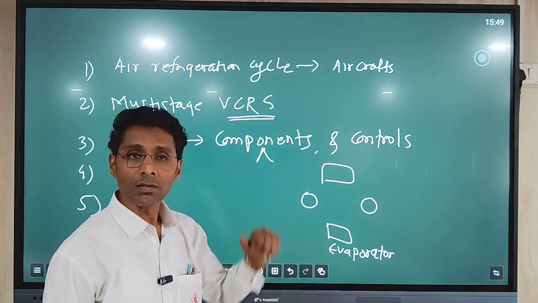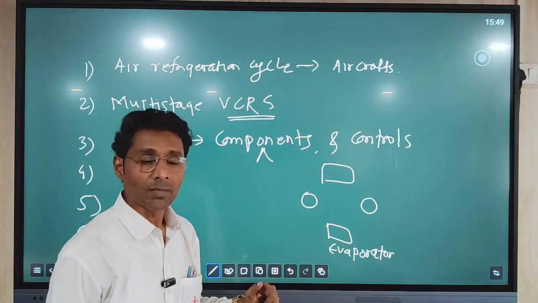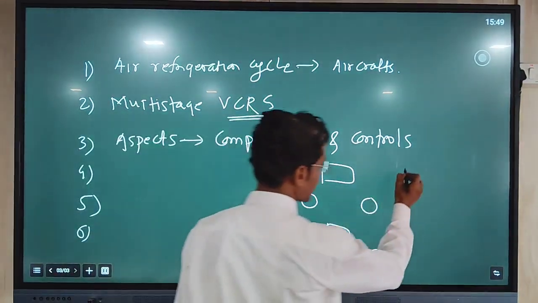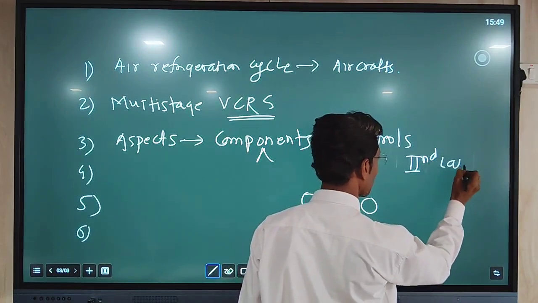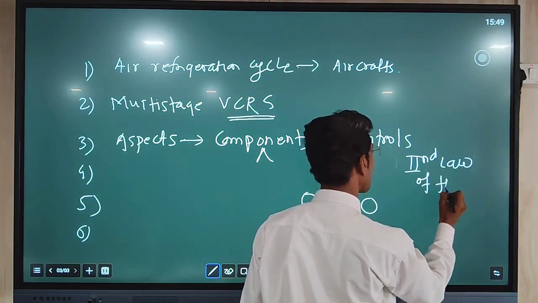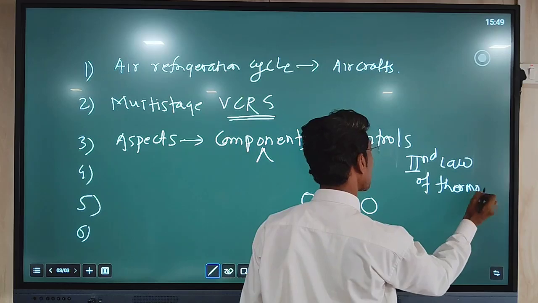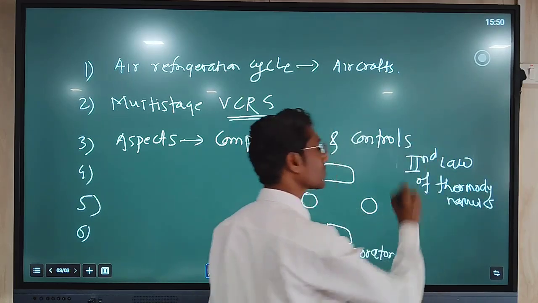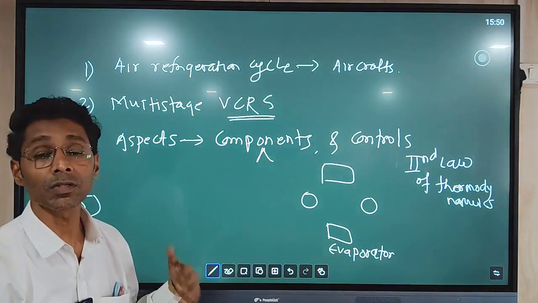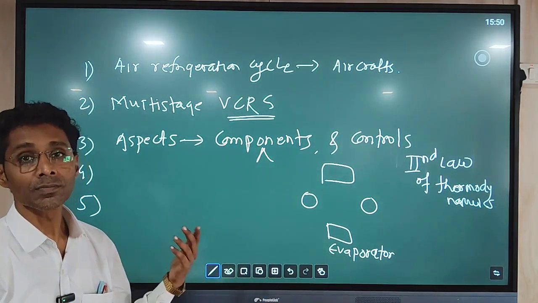By using an external agent, because here the second law of thermodynamics comes into the picture. The second law of thermodynamics gives the idea about the direction of the energy.